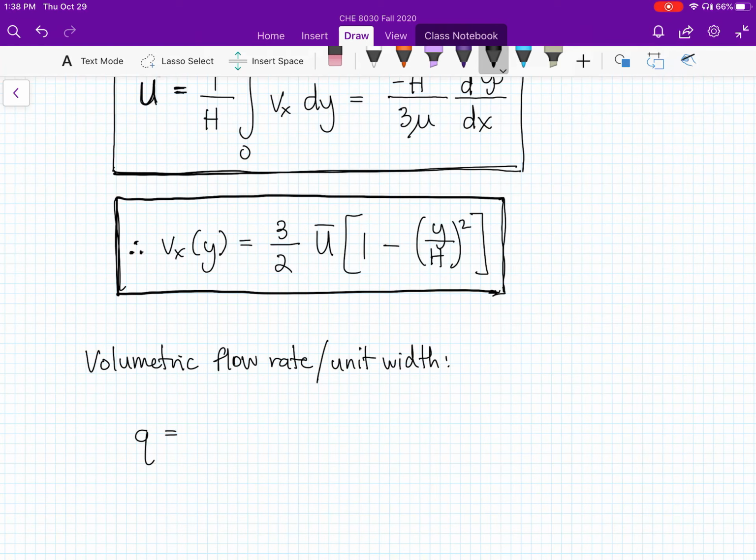Q, lowercase q, is equal to 2 times the average velocity times half the channel height. And so for our particular scenario, that equals negative 2/3 h cubed over mu, and then the derivative of funky p with respect to x.